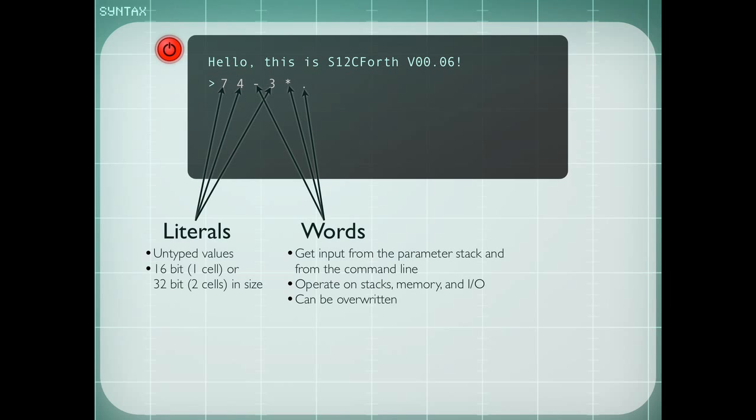Forth comes with a standard set of words, but new words can be added by the user, and existing words can be enhanced or redefined. All language elements are separated by whitespace, and that is the complete syntax of Forth. It's very simple, but still very powerful.